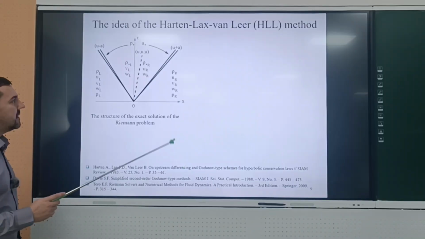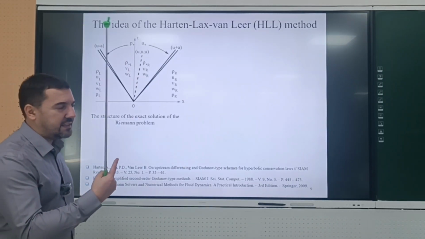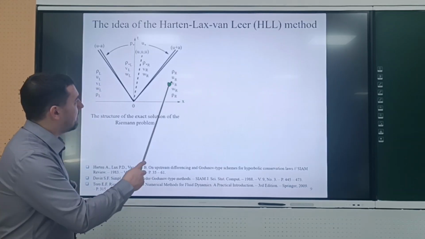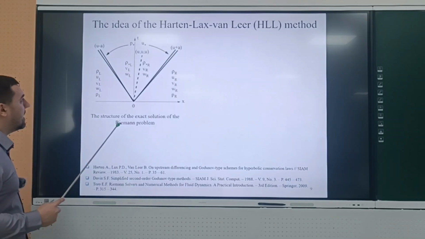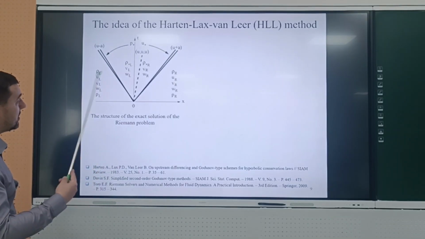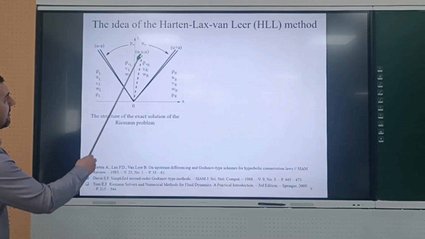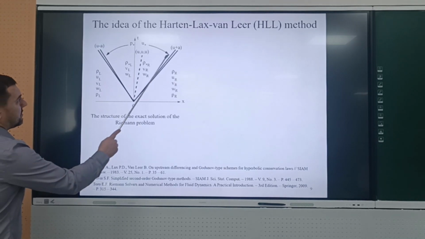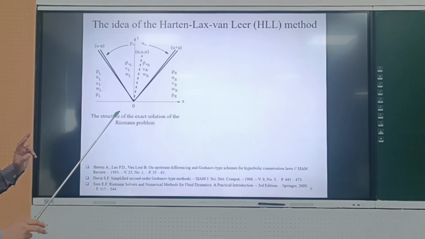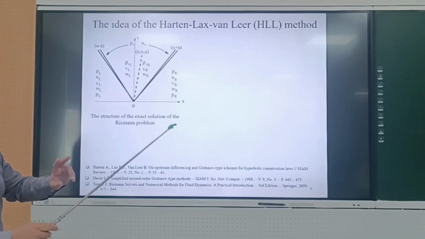But the problem is that if you try to use results from 1D in multi-D, you should somehow introduce the second and third tangential components of your velocity. Anyway, this is the general structure of the exact solution of the Riemann problem, from Toro's book actually. This is the schematic representation of the right wave and the left wave. We have 2 characteristics as a representation of, for example, we do not know what we have, shock wave or rarefaction wave.